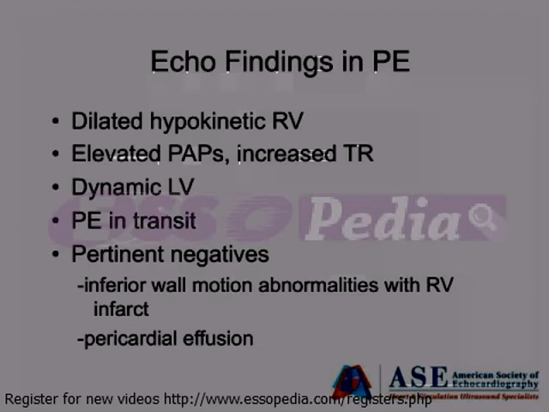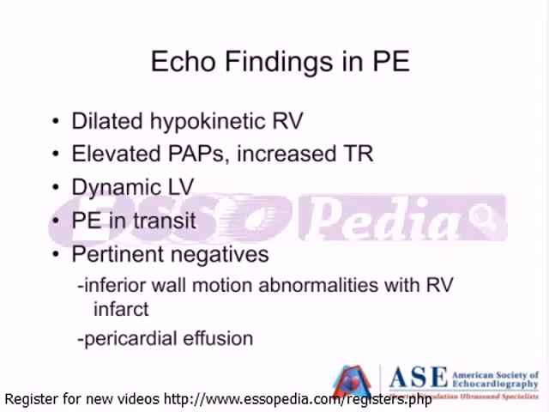Left ventricle is often dynamic because it's underloaded. You can sometimes see a clot in the right atrium or in the right ventricle or in the right ventricular outflow tract, which is actually a pulmonary embolus in transit. Pertinent negatives that must be looked at are inferior wall motion abnormalities that can be seen with right ventricular infarct and pericardial effusions.